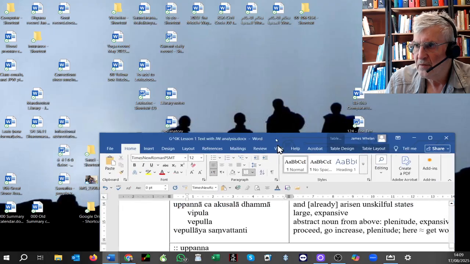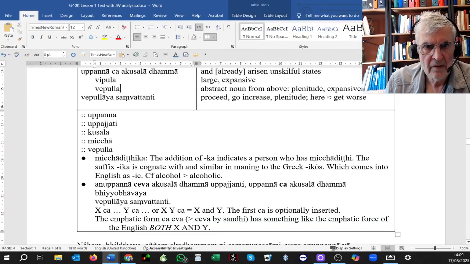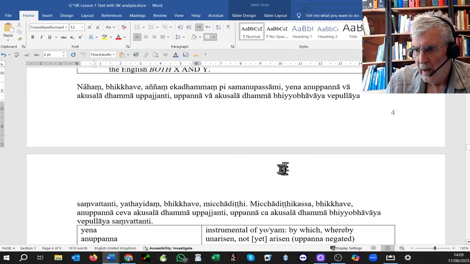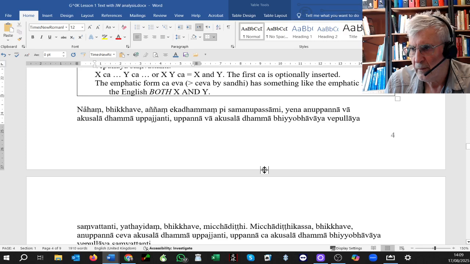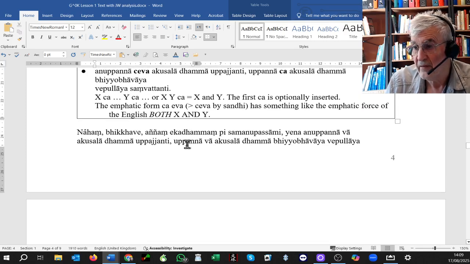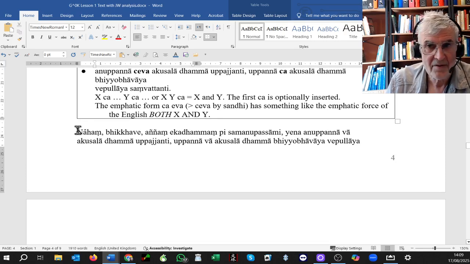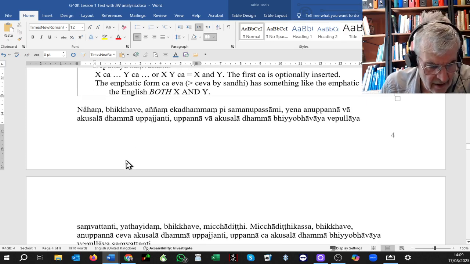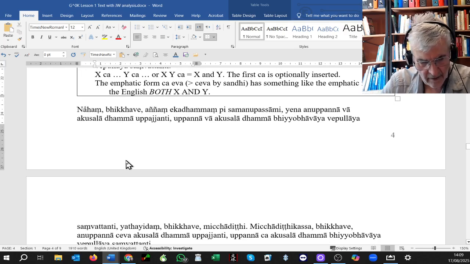Now I'll do the same with the next paragraph, which is very largely a repetition of the first. In fact, in the opening lines, you'll recognize these from the previous reading, the opening words, I should say. Naham bhikkhave. So let me try my copy here.